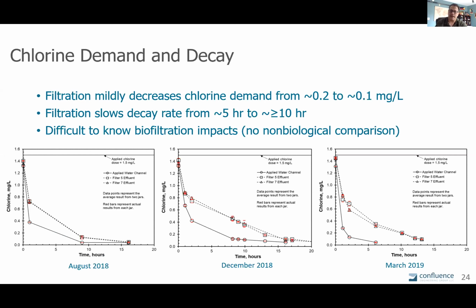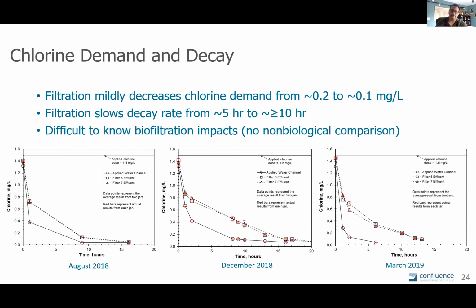What these graphs basically show is that the filtration process is definitely providing a great benefit, reducing not only the demand of chlorine, but the decay rate of chlorine. It reduced demand by roughly a couple tenths of a milligram per liter compared to before filtration, before the biological filters.